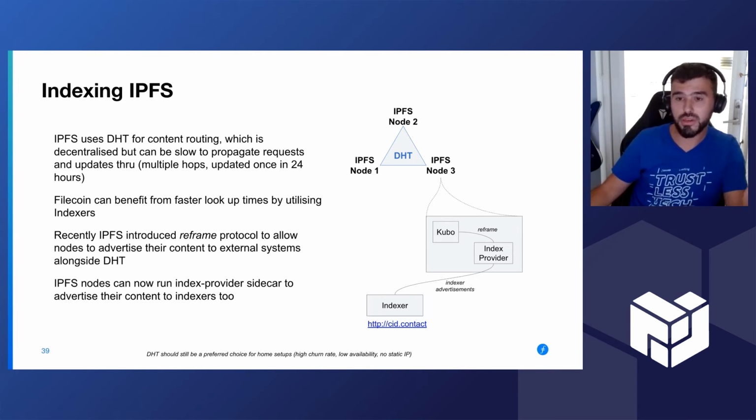What it allows us to do is connect to the Kubo node via reframe protocol, capture all the data that this IPFS node has, and advertise it out to the indexes. And then through these indexes, people will be able to find this content on the IPFS nodes.